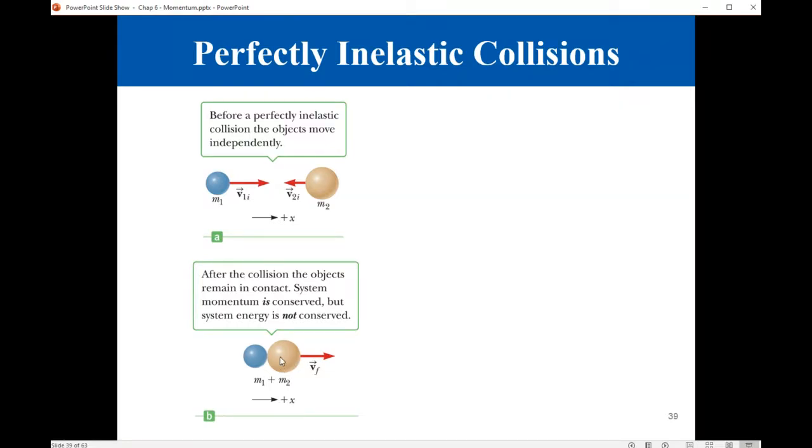So now the new system after collision is a system of a new mass, M1 plus M2, moving with a new velocity V final. So you need to conserve momentum: M1 V1 initial plus M2 V2 initial, vector addition, is equal to M1 plus M2 times V final. This is how we conserve the momentum.